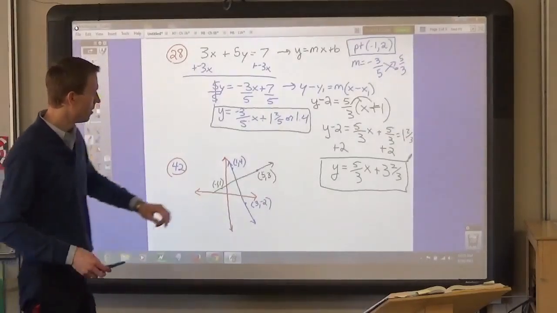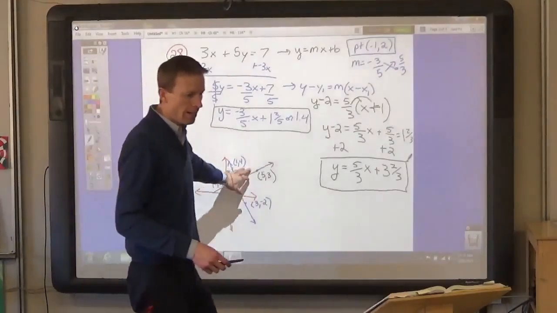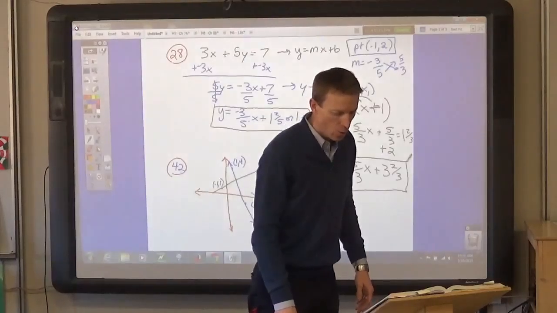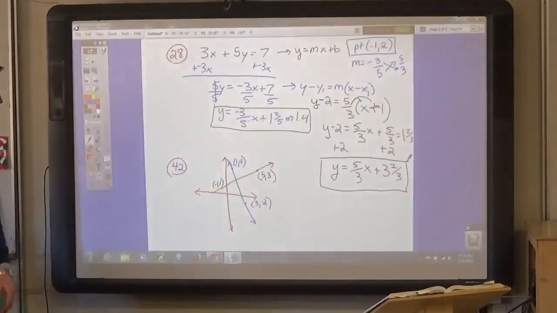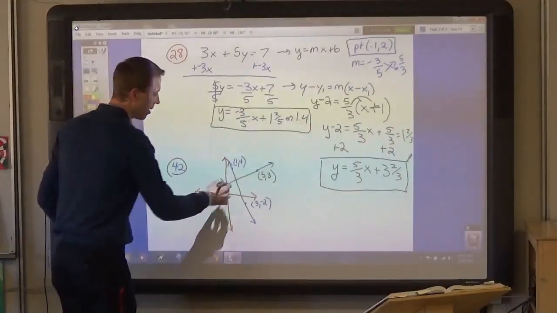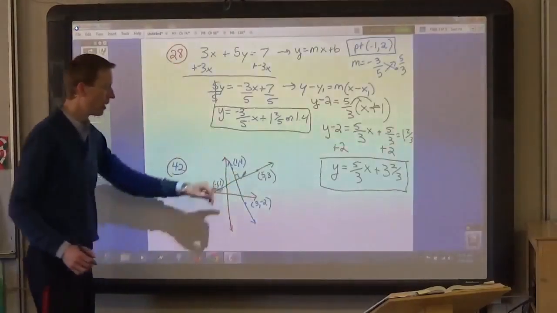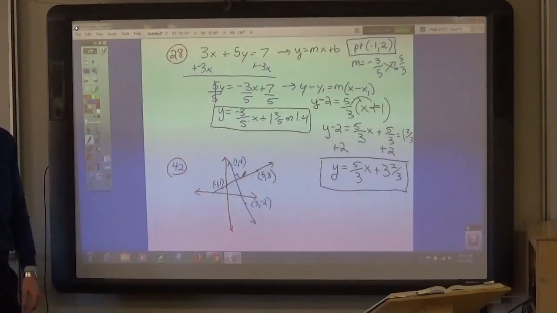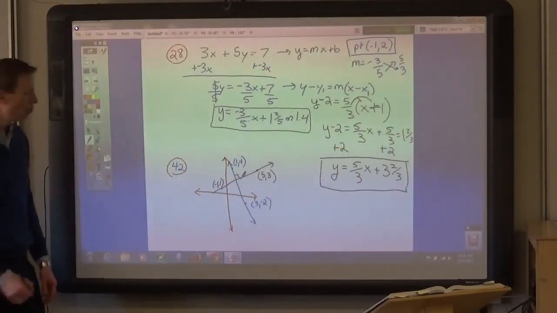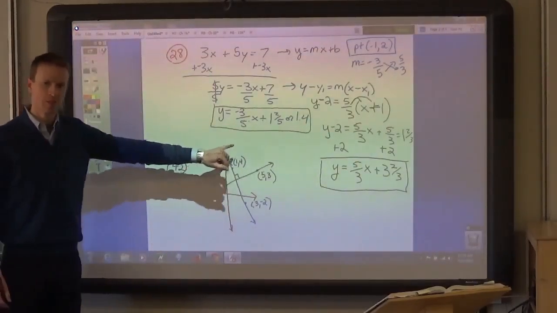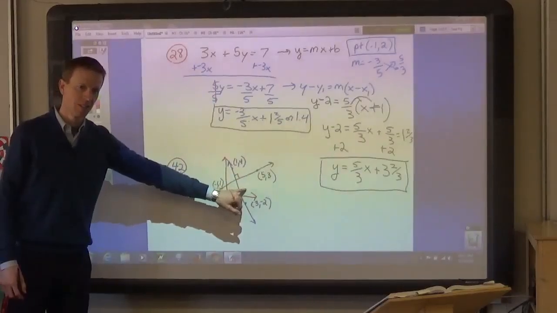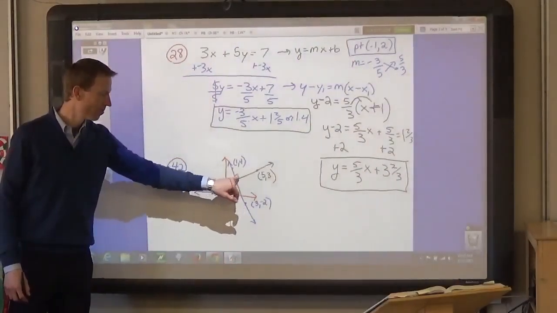Now, in the next section it says find the equation for each line. So, how are these two equations going to be related to each other? They have the same y intercept?